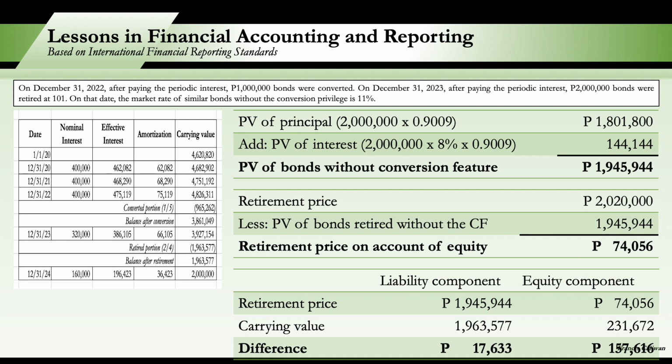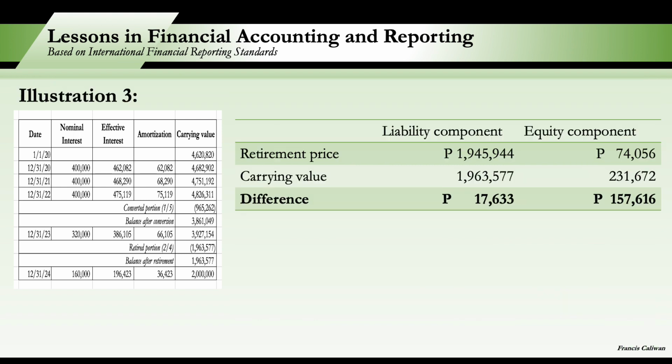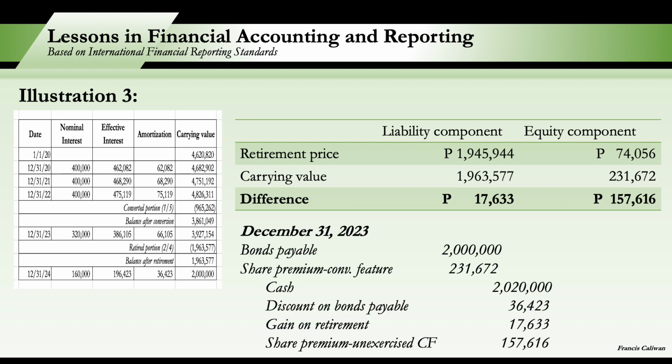So 231,672 ang carrying value but the retirement price on account of equity is only 74,056. Therefore, we have a gain on account of the retirement of equity which is taken to equity also of 157,616.